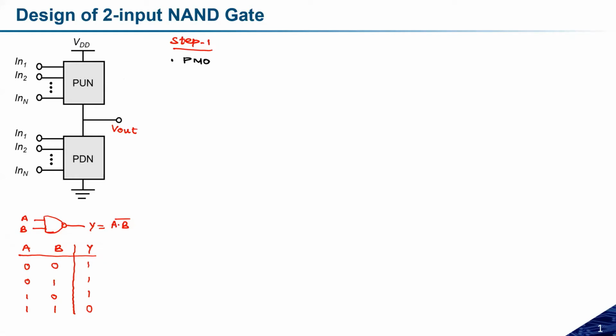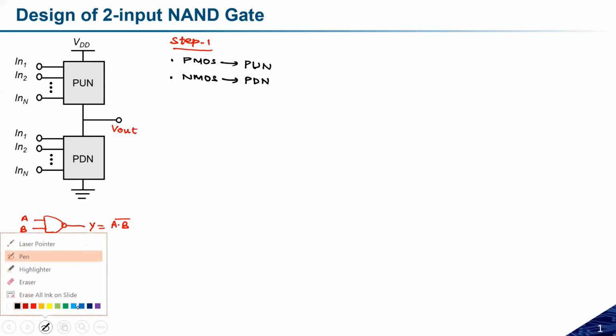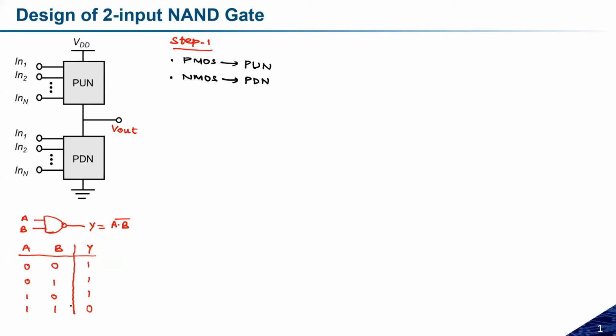So this is the first step which we should fix. And we know that it is really very important that the PUN is complementary to the PDN.